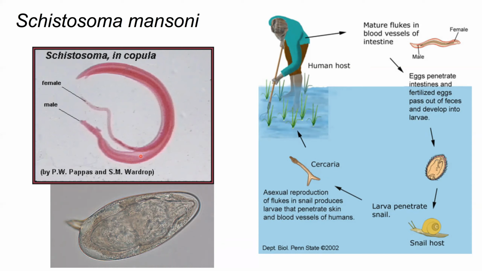This is an example of why I get nervous trying to do that, because schistosoma is one of those organisms that by all accounts should be a hermaphrodite, but it's not. It has male and female. The male and female are dimorphous, and you can actually tell the difference between them. So these guys live their lives having sex, producing eggs, and generally causing a lot of ill health in humans.